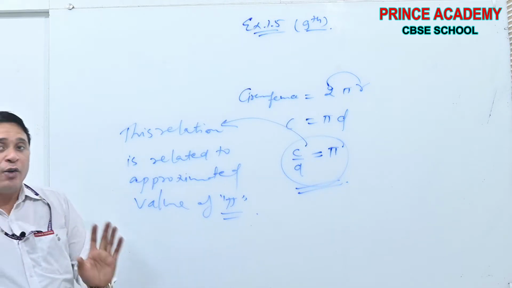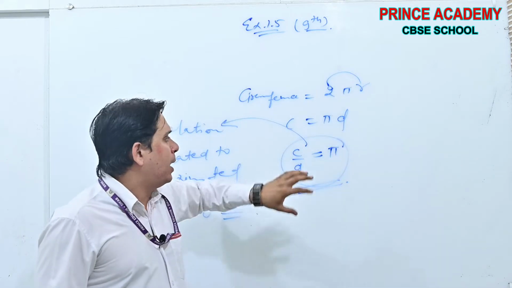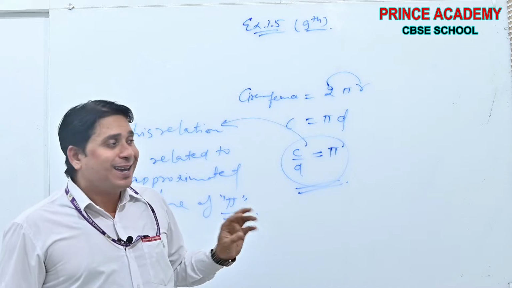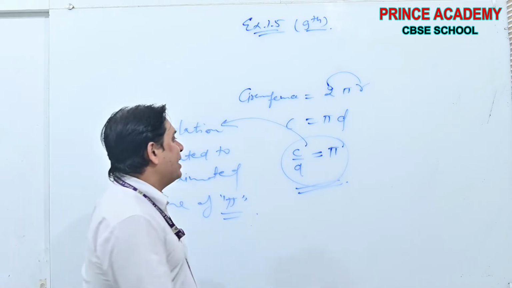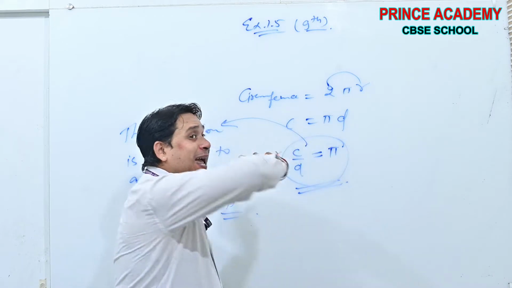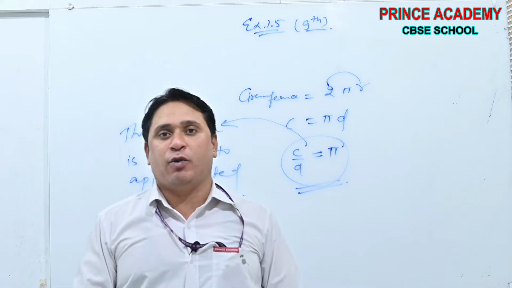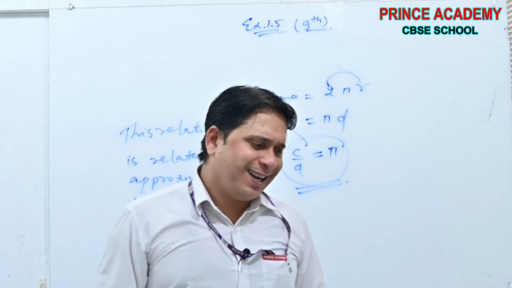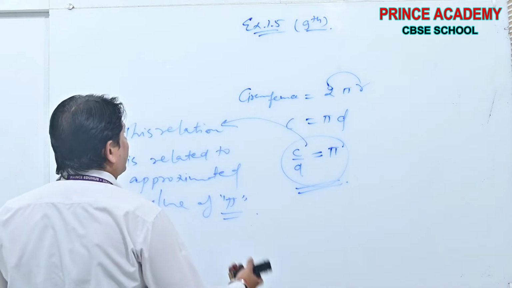That's why we can say pi is irrational, but here c by d is in p by q form, because this is not the exact value of pi, this is the approximated value of pi. Okay beta, done. It was so easy, you just have to understand the concept.